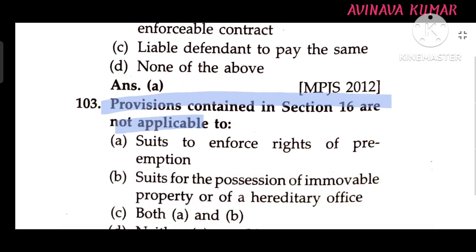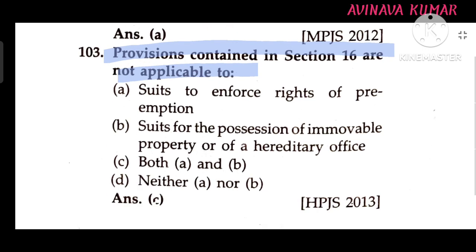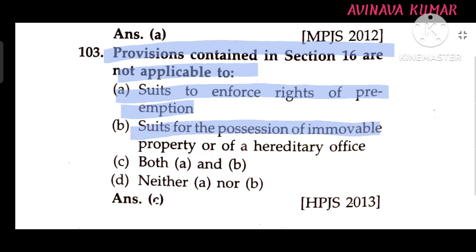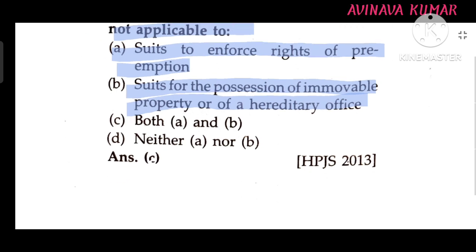The provision contained in Section 16 is not applicable to a suit to enforce a right of pre-emption, or a suit for possession of immovable property or of a hereditary office.